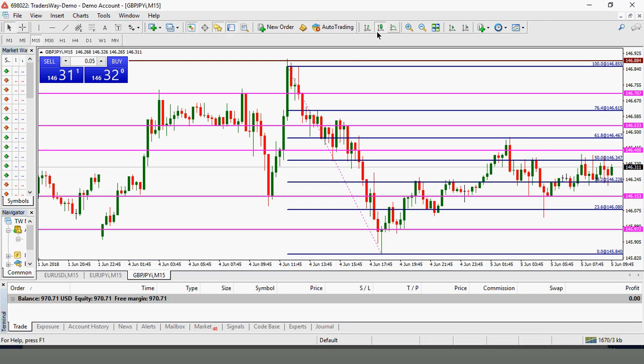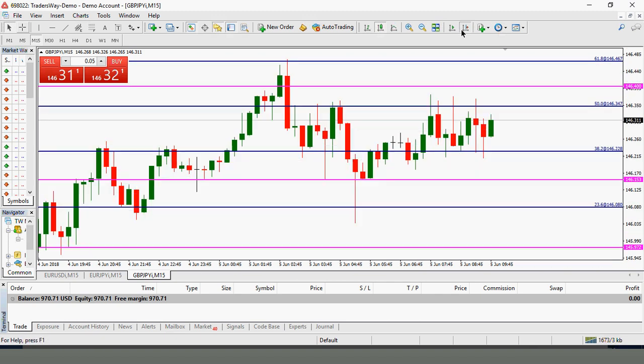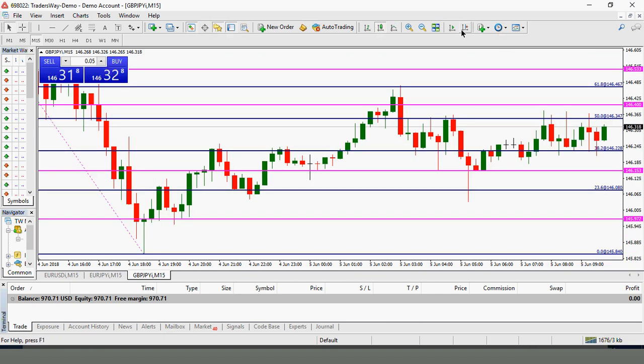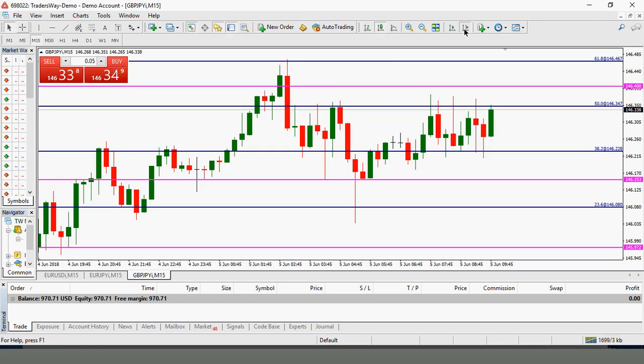Let me make the chart a little larger so that I can thoroughly see the chart, and I will be looking for a breakout of consolidation to enter into the market. I'm looking for at least 10 pips above and 10 pips below with a confirmation of RSI if it does break this level of resistance or this level of support.